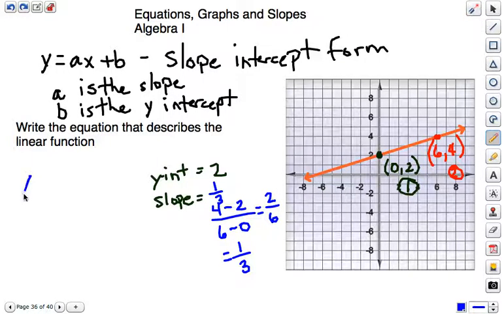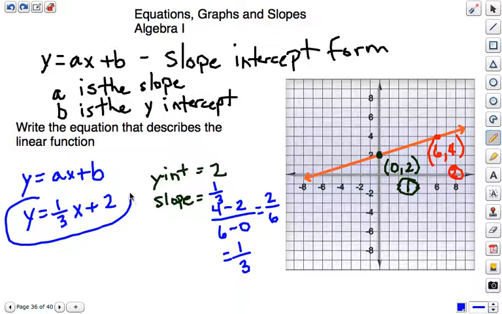So now I'm going to write the equation in slope-intercept form. So we have y equals ax plus b, and what I need to do is substitute the slope in first for my a, so that's 1/3 x plus the y-intercept, which was 2. Okay, so there's the equation that describes that linear function.